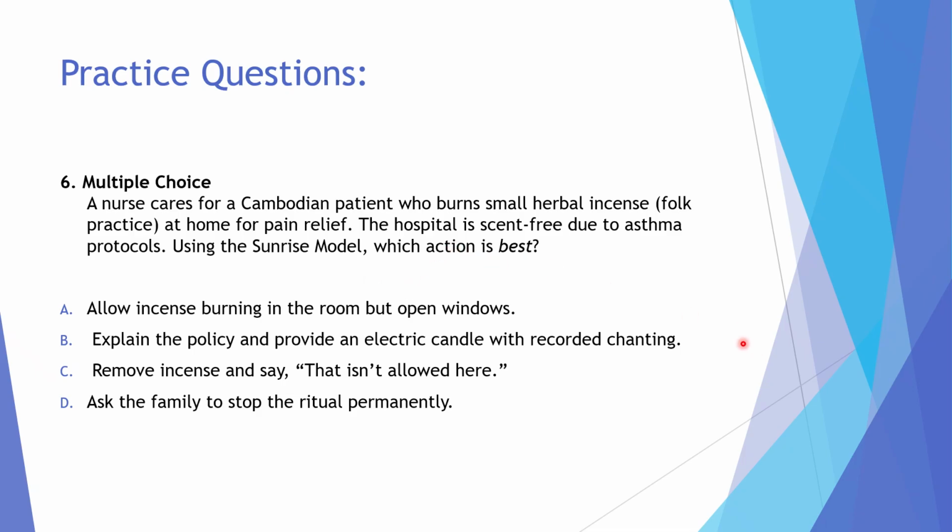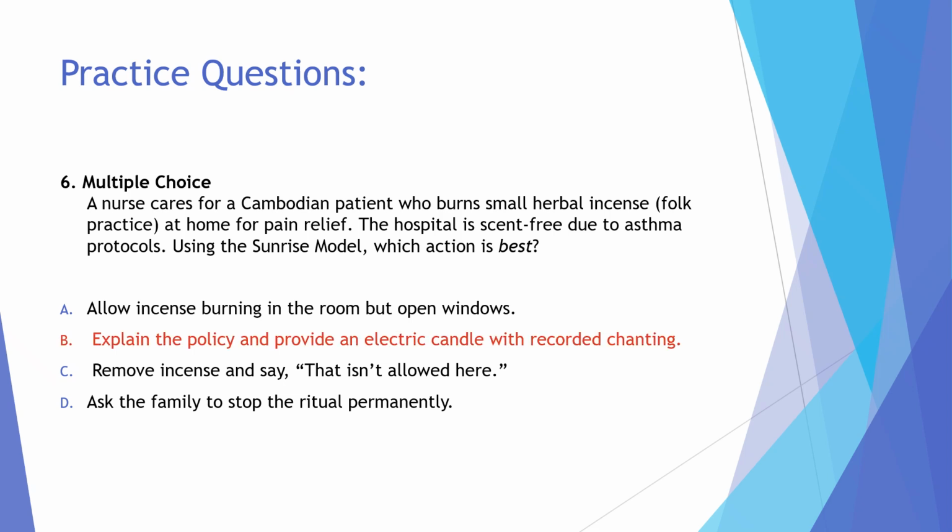But here I would like to go back and look at the Sunrise model for which action is best, right? A. Allow incense burning in the room, but open windows. B. Explain the policy and provide an electric candle with recorded chanting. C. Remove incense and say that isn't allowed here. D. Ask the family to stop the ritual permanently. No, you can't do that.